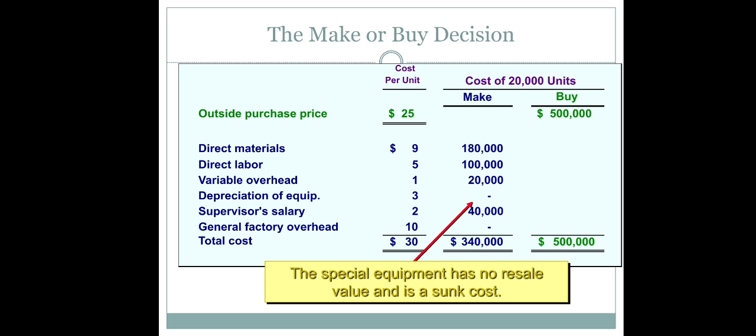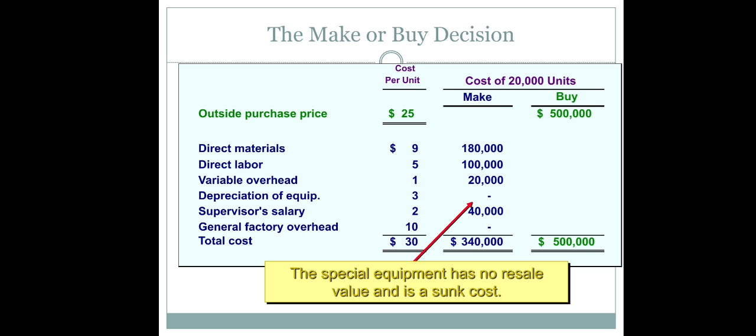But if the business buys the part 4A from the external supplier, how much is the cost? The cost of one unit of part 4A is $25. The business has to purchase 20,000 units. So $25 times 20,000 units is equal to $400,000.